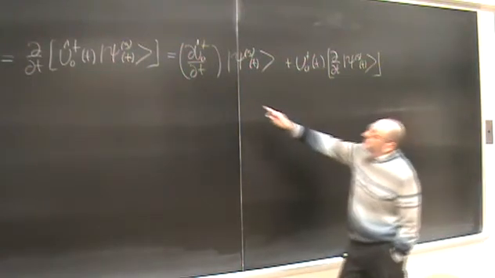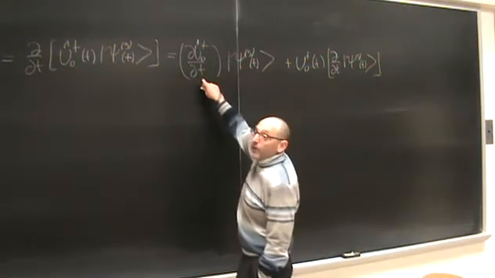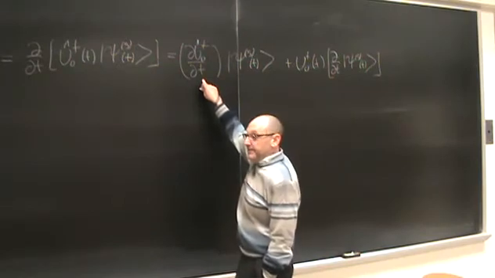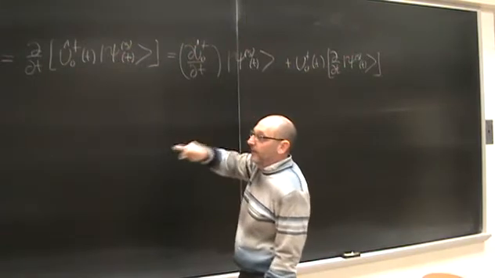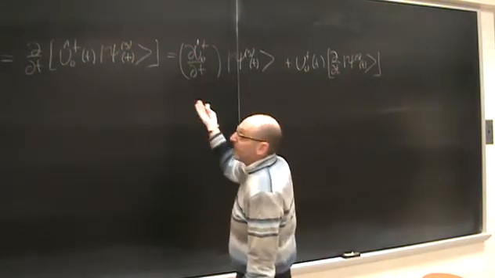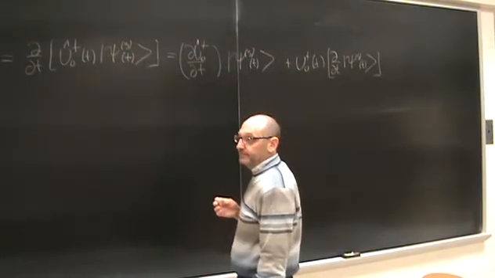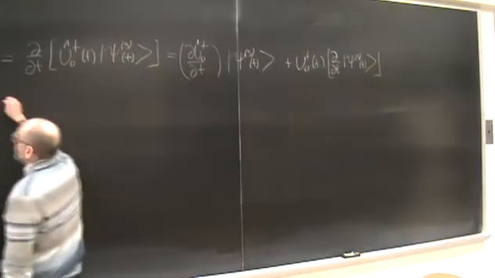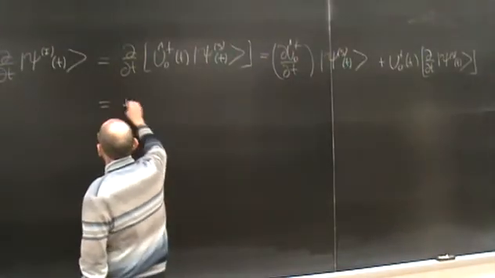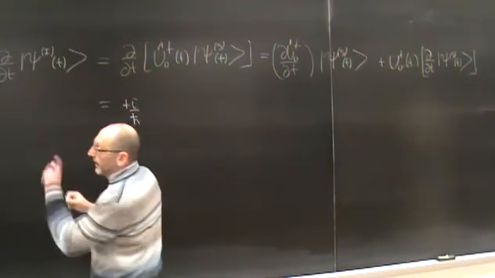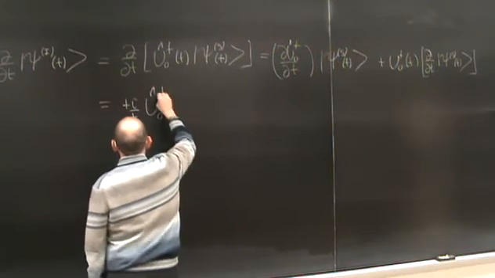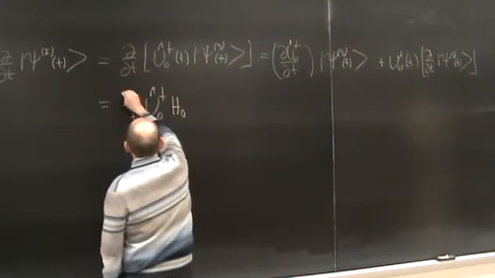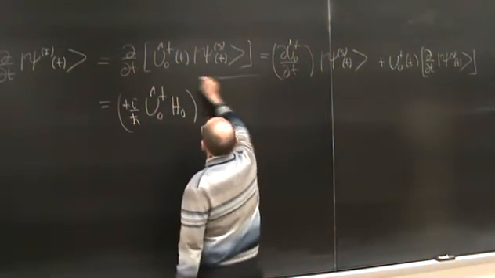Now, this is generated by H0, so we have that written down on that board. We have to take the dagger of it, which gives us a plus i over h bar, and the dagger reverses the order.